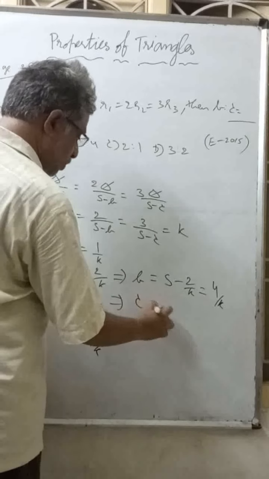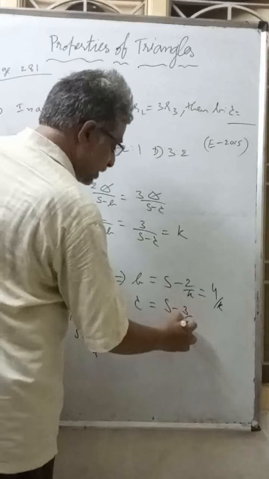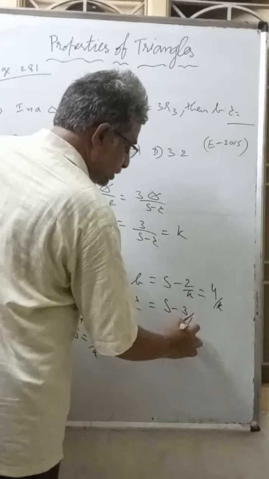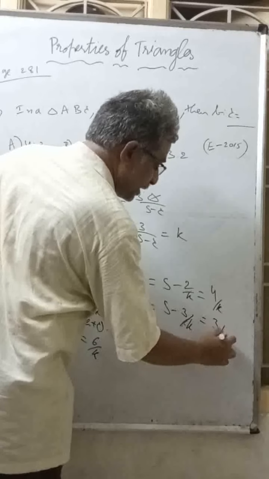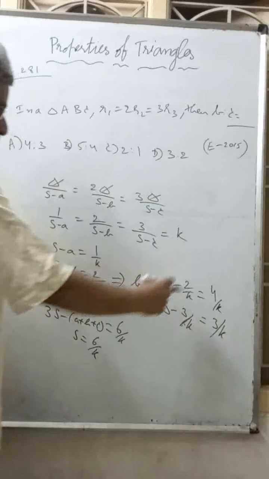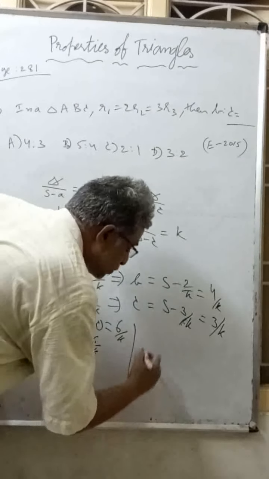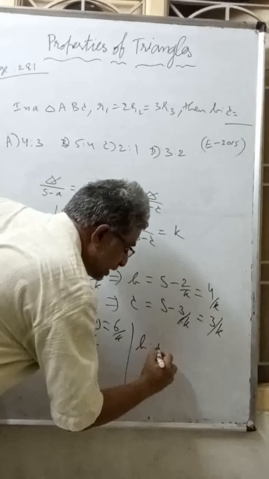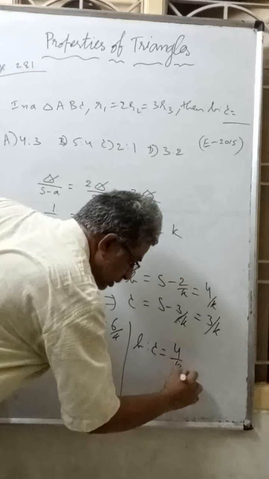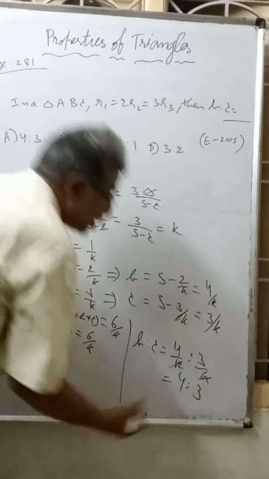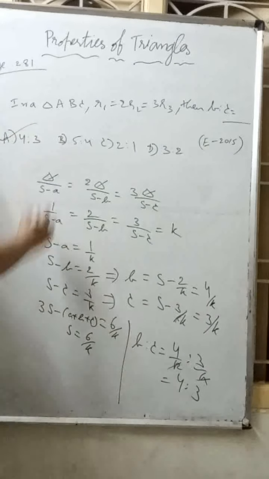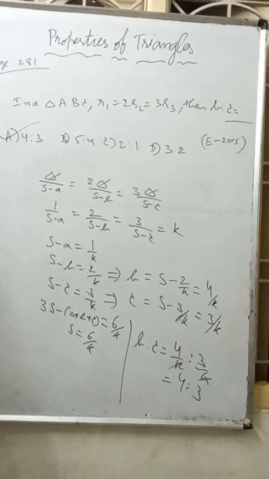Similarly, C is equal to S minus 3 by k, nothing but 6 by k minus 3 by k is 3 by k. Now ratio of B is to C is nothing but 4 by k is to 3 by k. So k cancels, this is 4 is to 3. So my answer is first option, 4 is to 3.